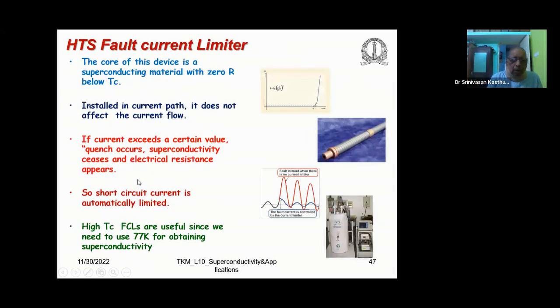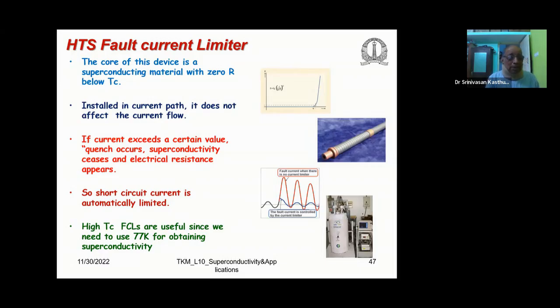Now, another important area where high temperature superconductor has been used is what is called the fault current limiter. What is a fault current limiter? Normally, a conductor can take a certain amount of current, and only that much current should be allowed to flow.